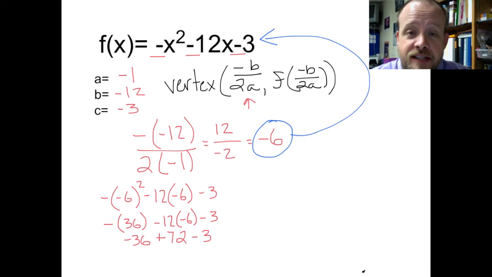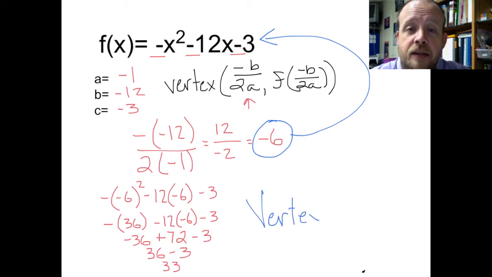Negative 36 plus 72 combined becomes positive 36, minus 3 from that, and we get a value of 33. So in this case, our final answer is that our vertex is located at the point negative 6, comma, 33.